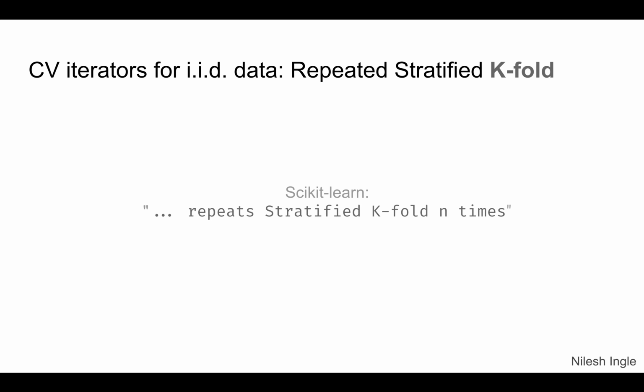Now, in addition to repeated k-fold, there is a method called repeated stratified k-fold. What stratified means here is that, let's say 10% of the records belong to class 0 and 90% of the records belong to class 1, and the data set has just two classes.